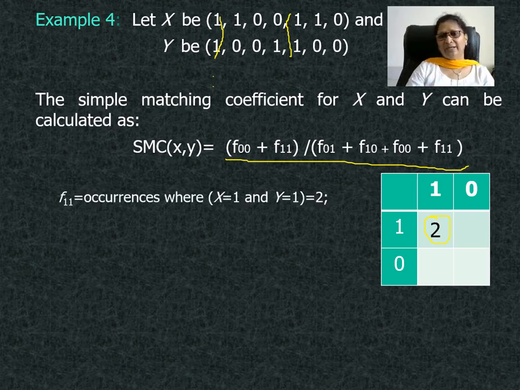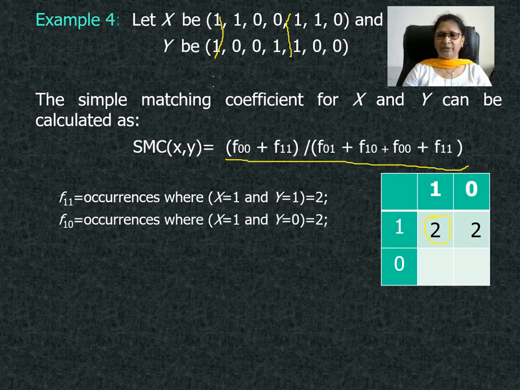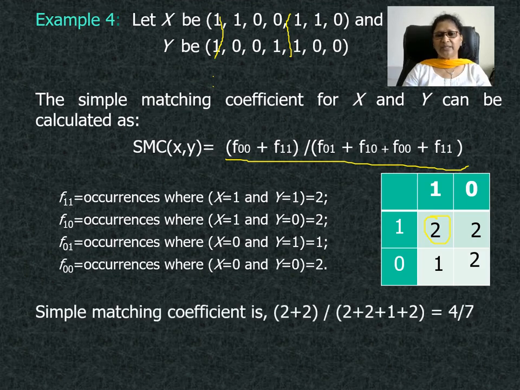So F11, or you can use M11, any term where both the values are 1, count is 2. Similarly, we'll count for the remaining and substitute it in the contingency table, and then substituting these values in the formula, we get simple matching coefficient as 0.57.